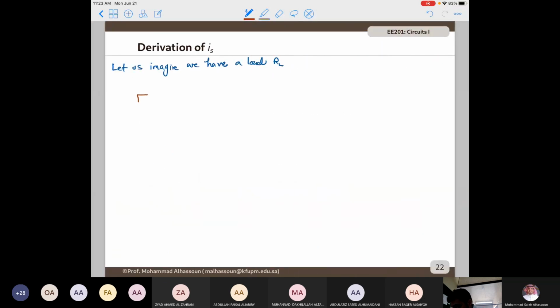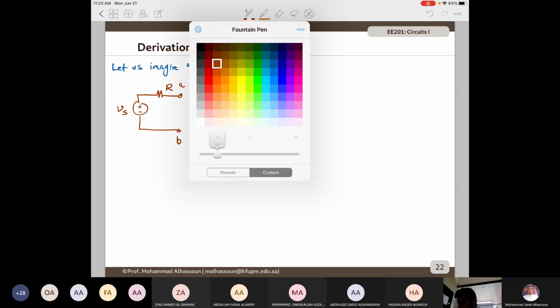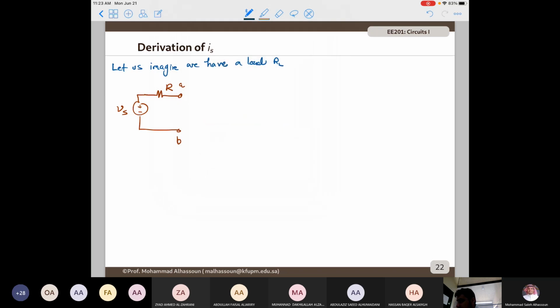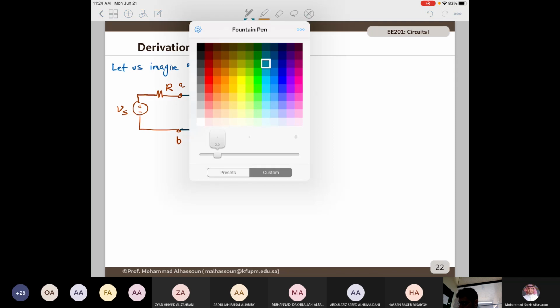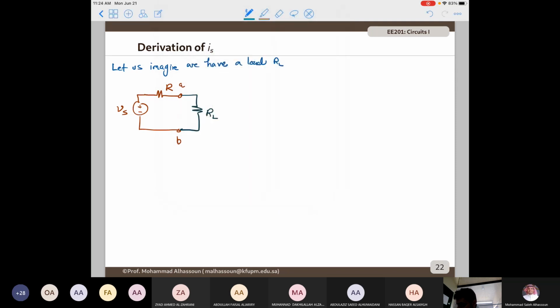So I have Vs, I have R. Again, this is A, this is B. This is RL, and I want to find the current here, IL.